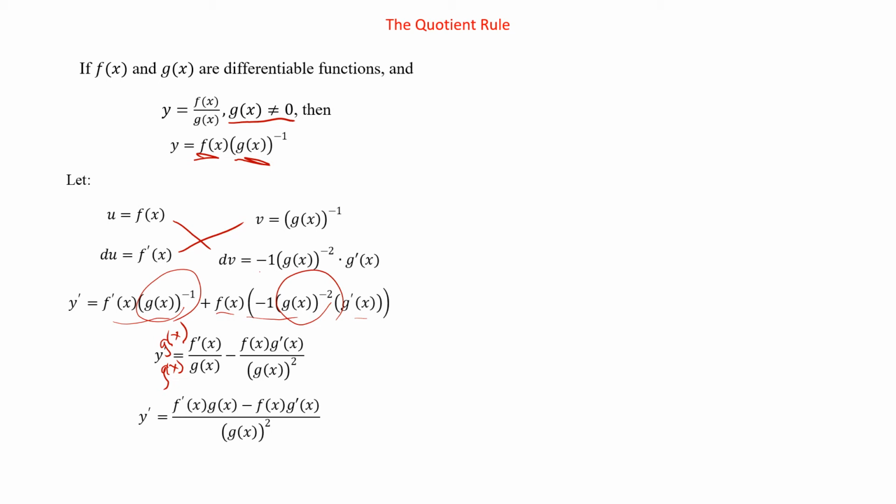That's the quotient rule. Now again, this is a bit of a mouthful. We have the u's and the v's that we can use. If y equals u over v, y prime is v du minus u dv all over v squared. When I was learning it, we learned a little poem, which I generally don't like those things, but this one still sticks with me, so that means it's got to be at least marginally effective.